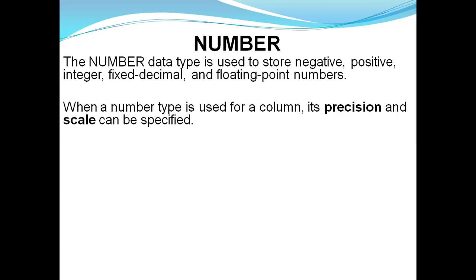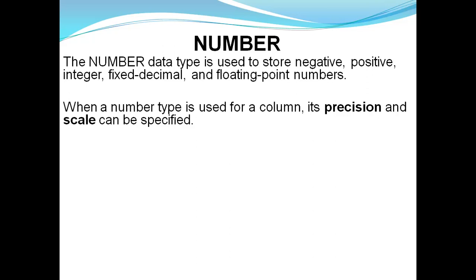It could be integer, decimal, or float, but Oracle provides one data type called number that allows you to put any kind of number, whether negative, positive, integer, fixed decimal, or floating point decimal numbers. But the difference is it can accept only numbers, not all characters.